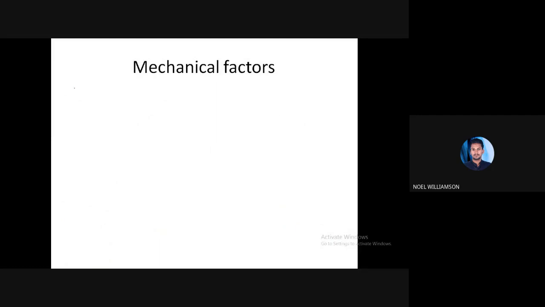First one, the unsafe design and construction of the building.